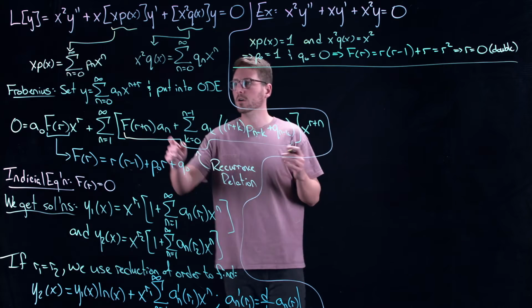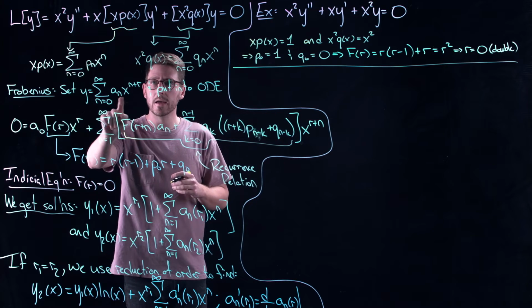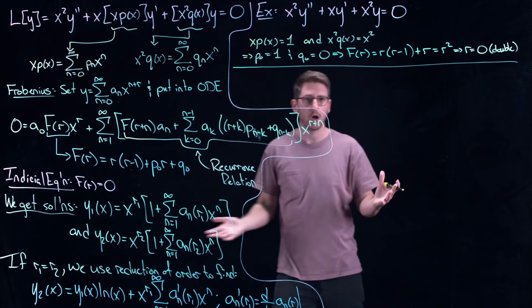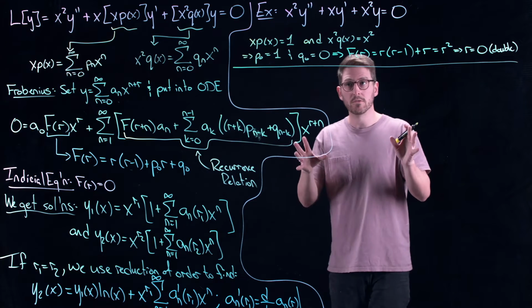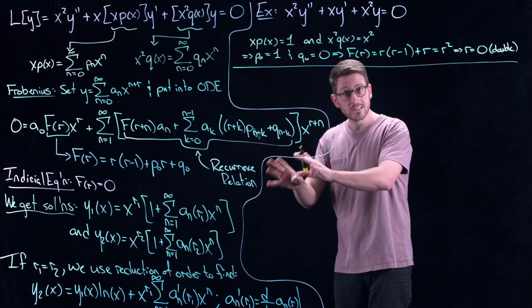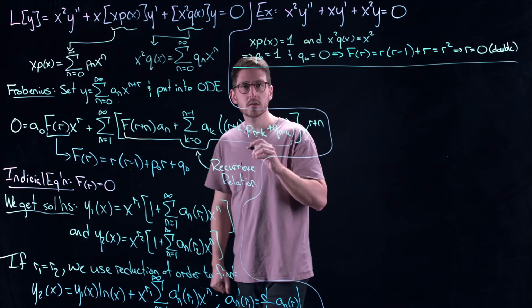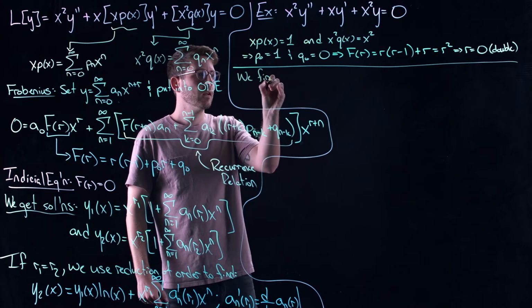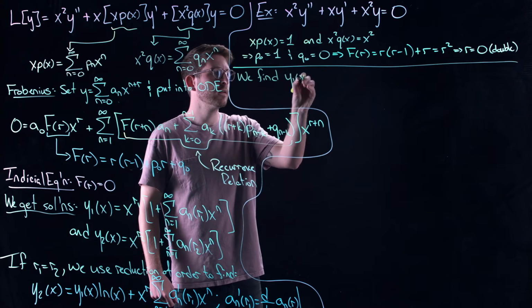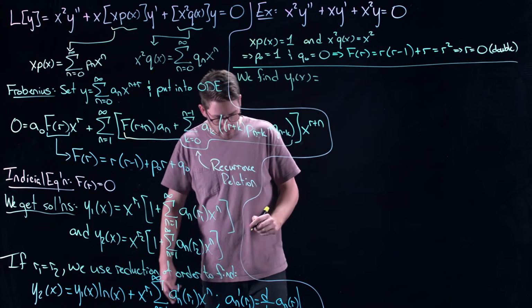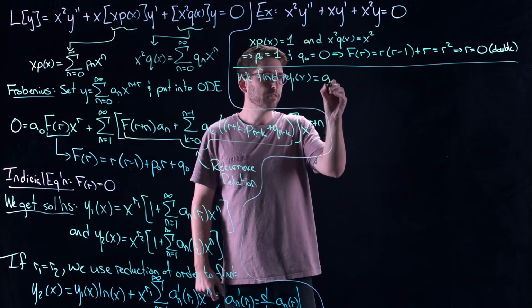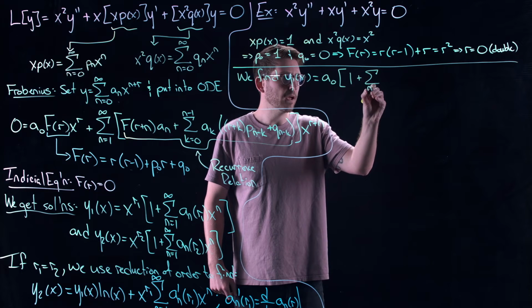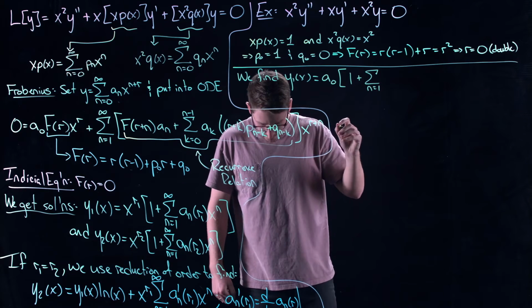So all you're going to do is set y is equal to the sum of a_n x to the n plus r, put it into the differential equation, and solve it. Okay, so I want to leave that for you to have the fun. That is the standard Frobenius method. This is good practice for you. So we find y1 of x. Well, what does y1 of x equal? So after I factor out the a0, I get 1 plus the sum from n equals 1 to infinity.